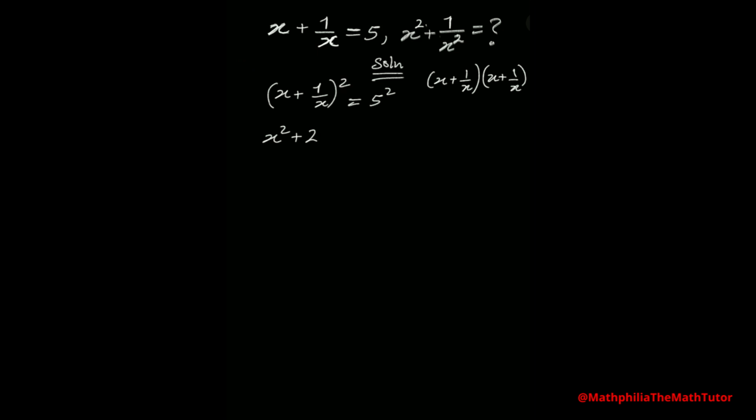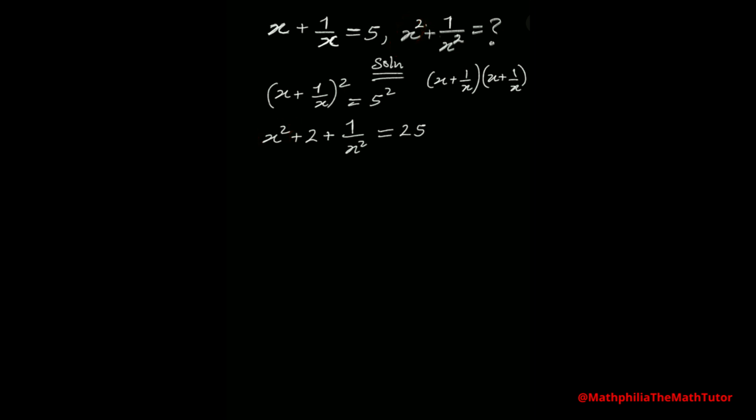Then we multiply this 1 by 2. That gives us 2. Plus, we square the second term, that is 1 over x, and this gives us 1 over x squared. Let's go ahead and write. And this is equal to 5 squared, which is 25.